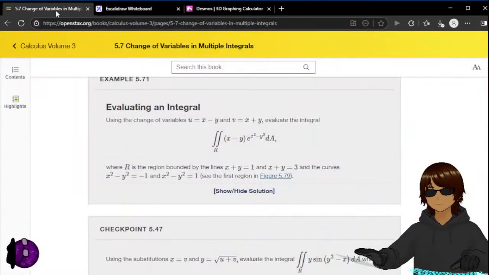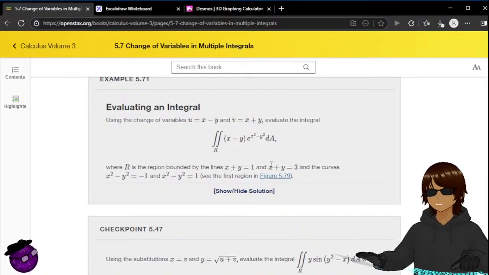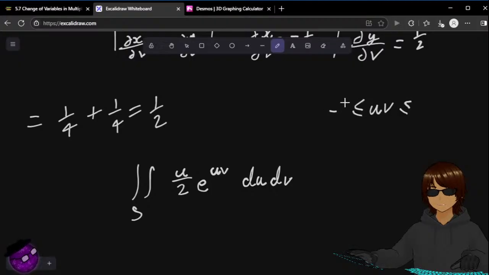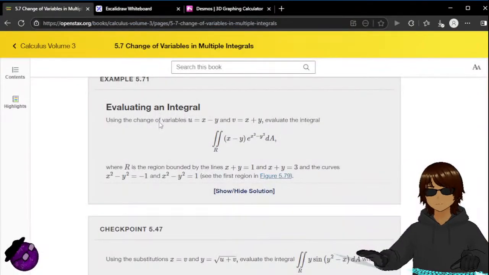And what are we doing? That is the region bounded by these two lines and the curves x square minus y square is equal to -1 and x square minus y square is equal to 1. So then uv goes from -1 to 1 and v goes from 1 to 3.